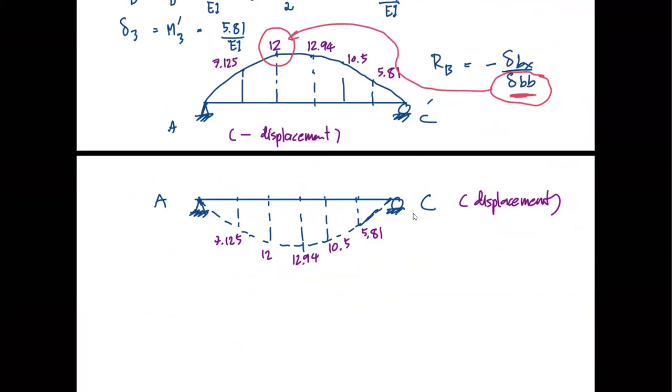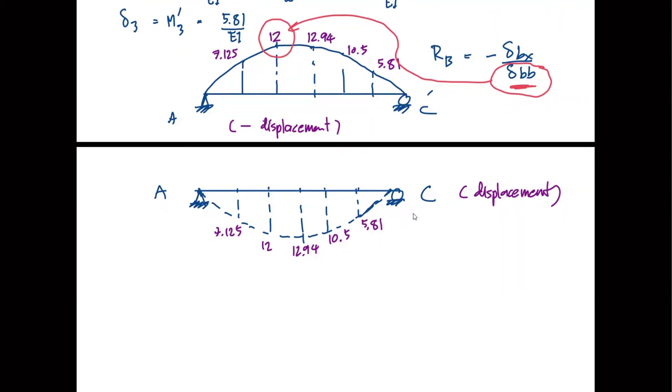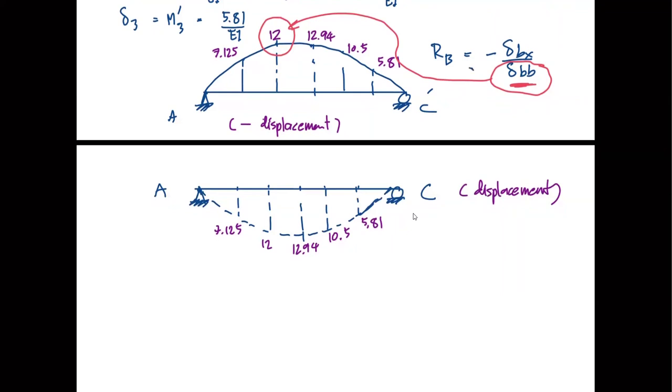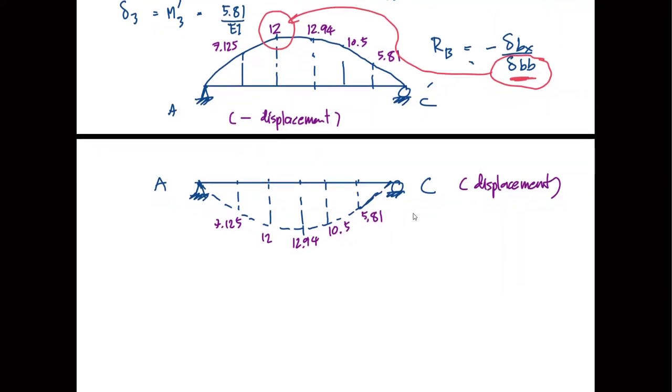Thank you for answering. So we divide every number here by delta BB, which is 12. And that is exactly when you're going to get the influence line of RB. So from here, I divide everything that I have by 12.